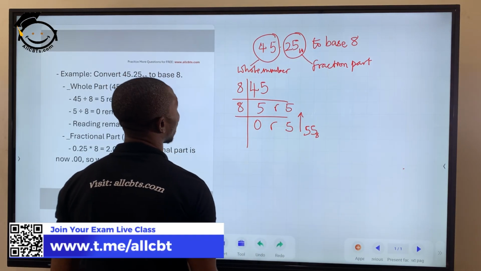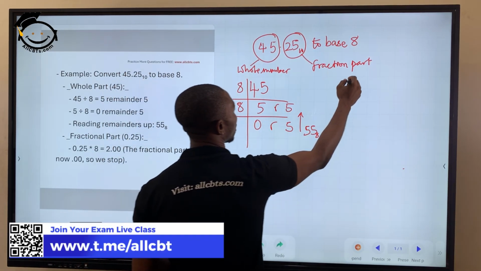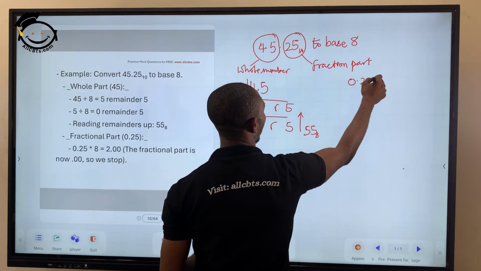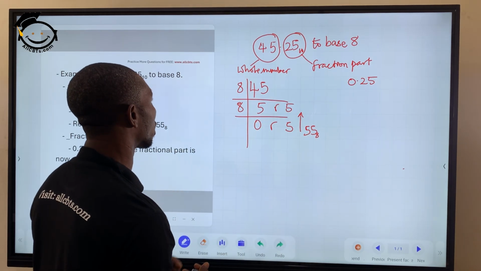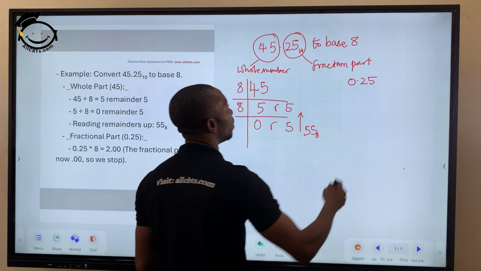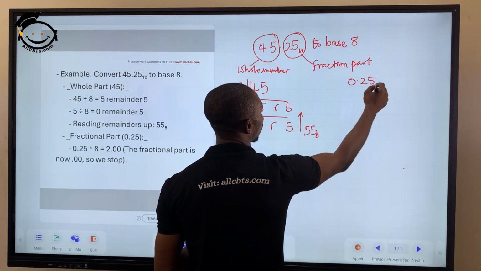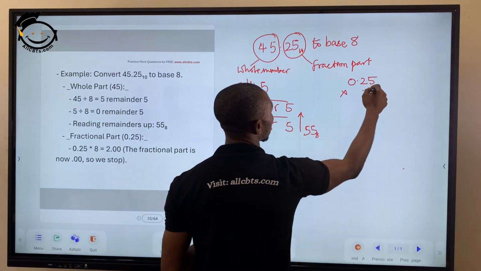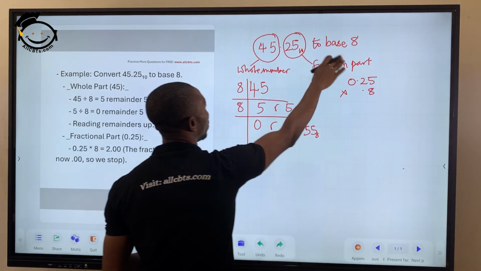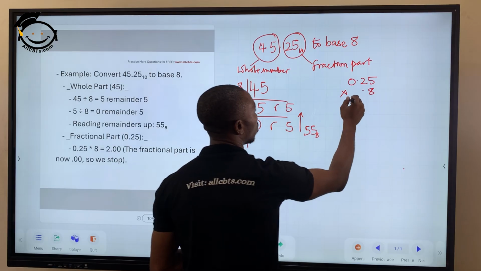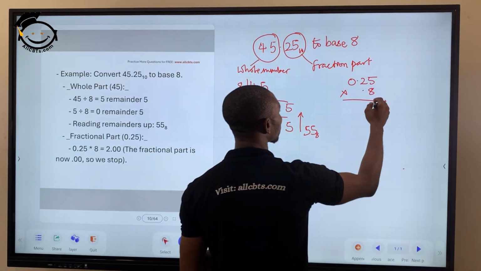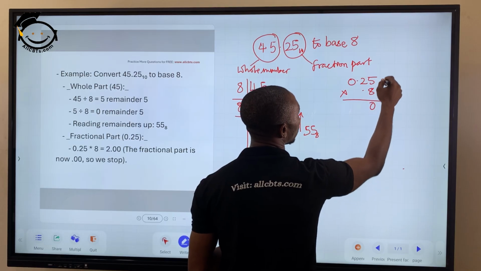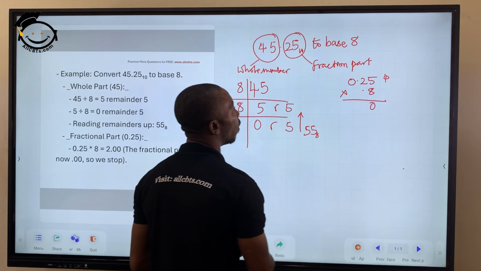Now for the fractional part, which we have as 0.25, we are going to use the repeated multiplication method. Now this will be times 8, since we are converting to base 8. 5 times 8 will give us 40. Write down 0, carry 4.